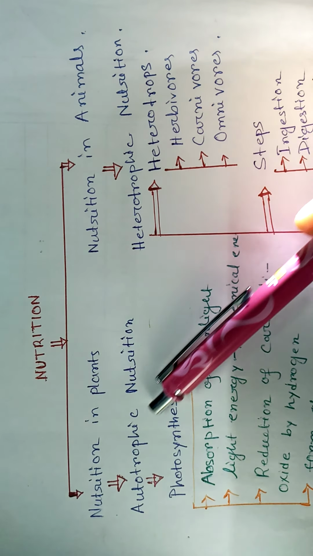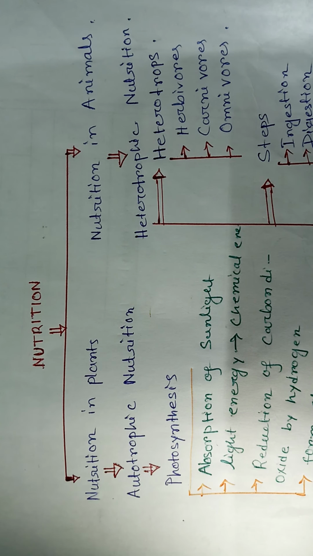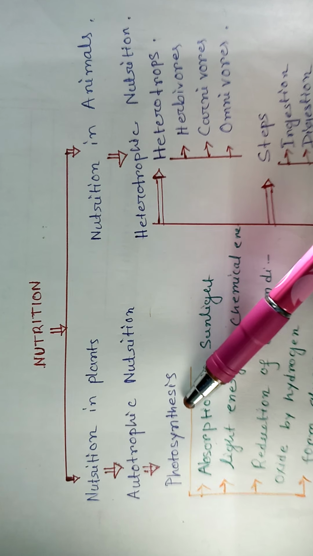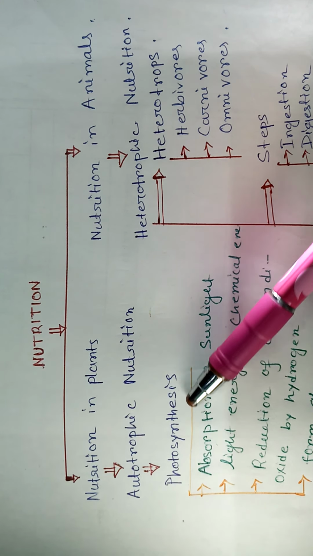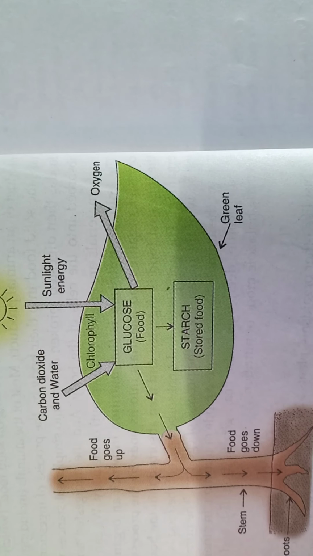Okay, so now we will see the details of photosynthesis. First of all, we should know what photosynthesis is. Photosynthesis is a process by which green plants make their own food from carbon dioxide and water by using sunlight energy in the presence of chlorophyll. So this process is called photosynthesis.